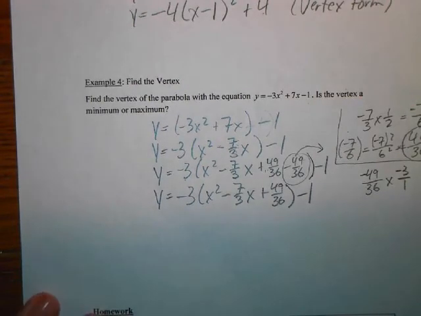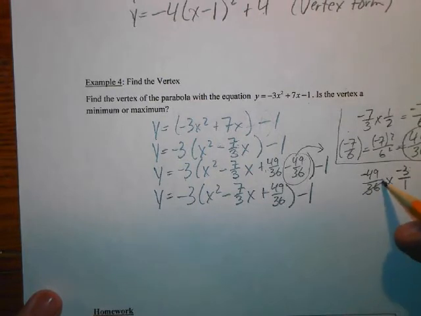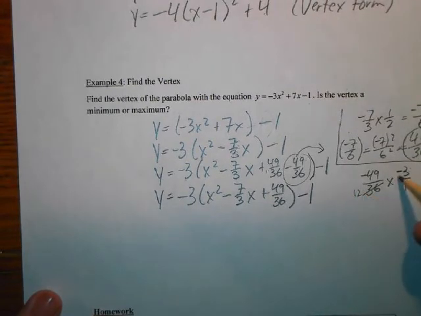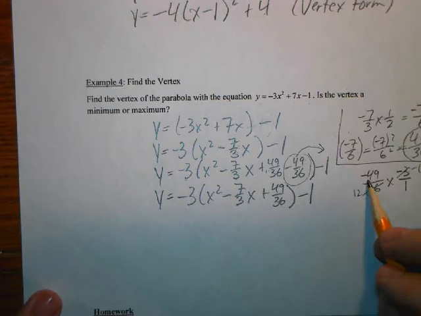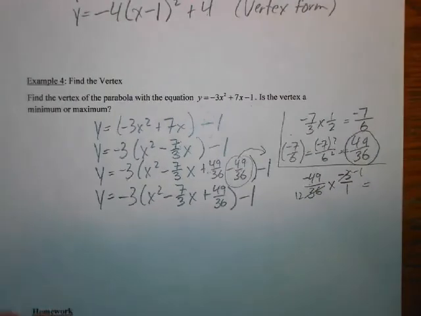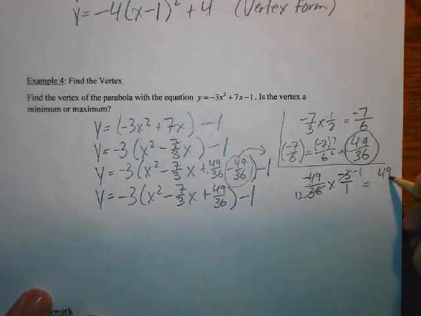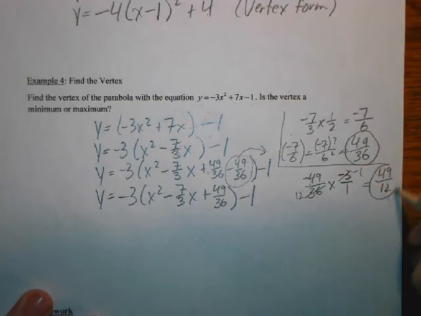I can actually reduce first. The 36 and the negative 3, I can divide both by 3. So I get 12 here, and I get negative 1 here. And now when I multiply across, I get negative 49 times negative 1, which is positive 49, and 12 times 1 is 12. Okay, so that's the number.